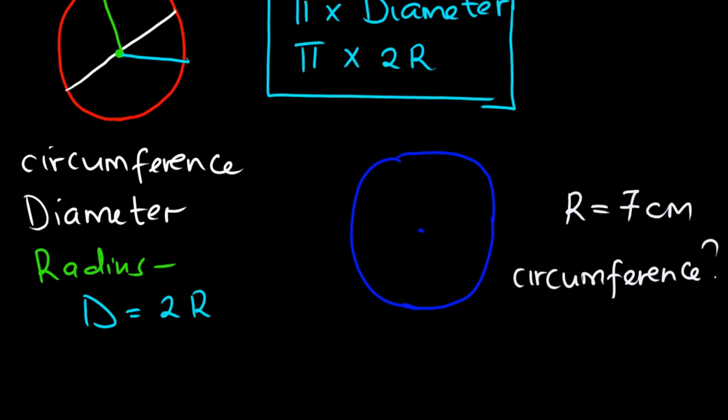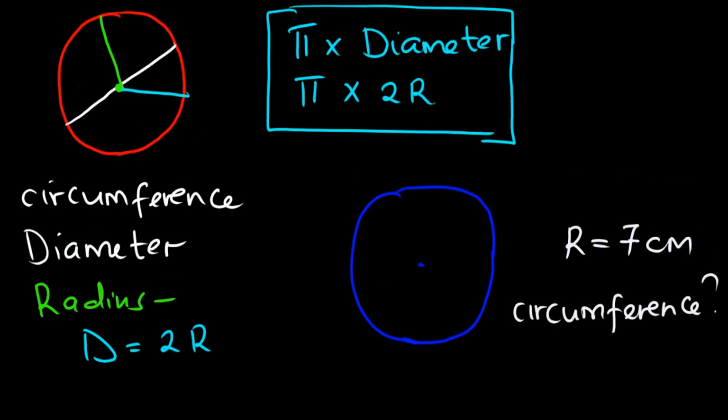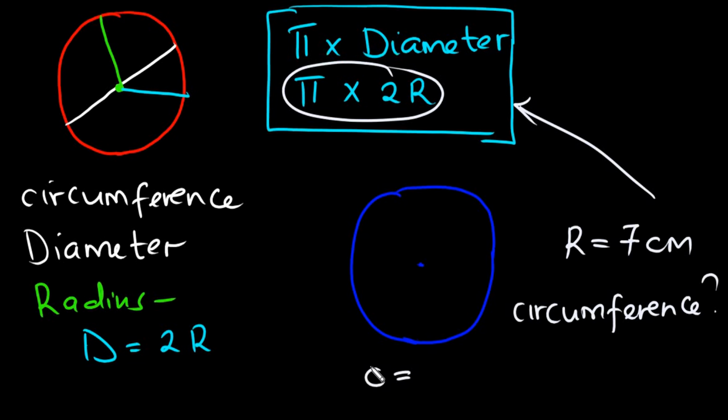We're going to use the formulas that we have just illustrated here. We can use any of the two. Since we have the radius, we can use this one. So the circumference is going to be pi. We can use pi as 22 all over 7 multiplied by 2 and then multiplied by the radius, which is 7.